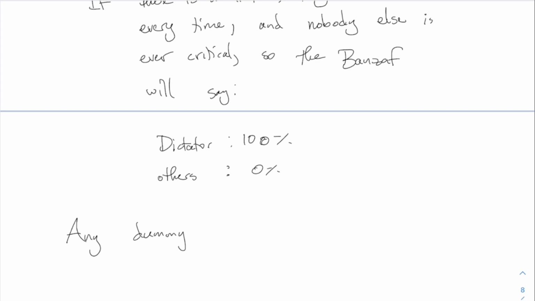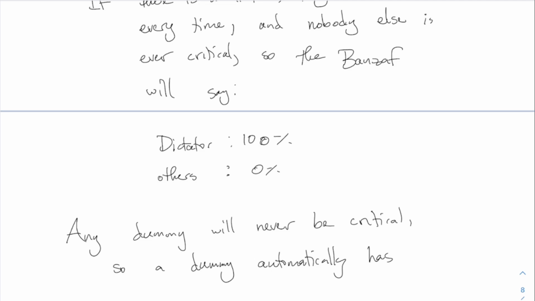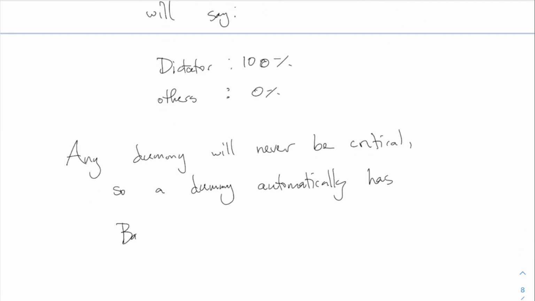Any dummy will never be critical, so a dummy automatically has a Banzhaf of 0%, because the numerator of the fraction will be a 0.